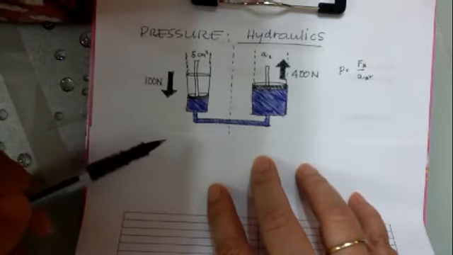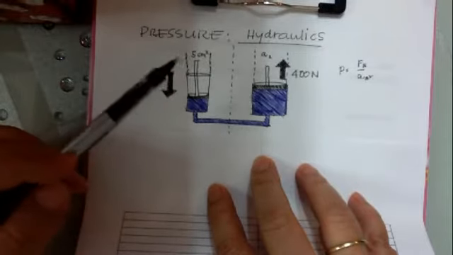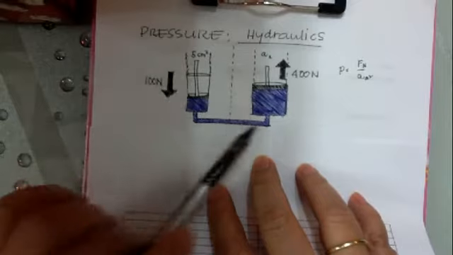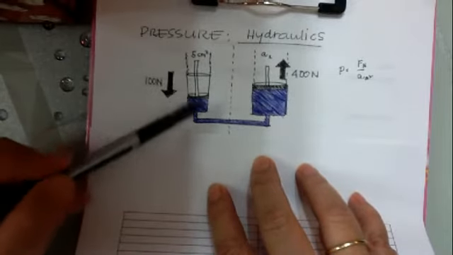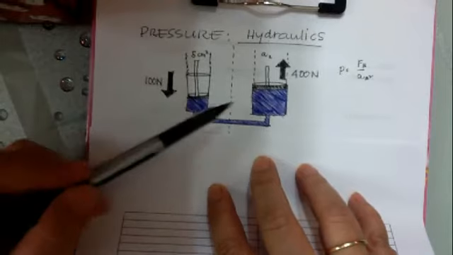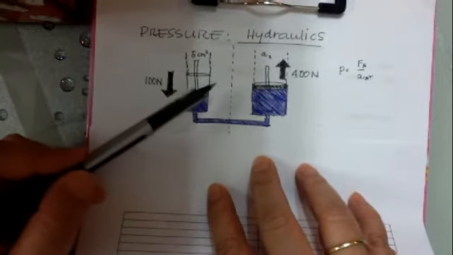So what else do we know about pressure? We know that in a simple hydraulic system, such as this one, the pressure of piston 1 is equal to the pressure of piston 2. In this drawing, you see a simple hydraulic system.